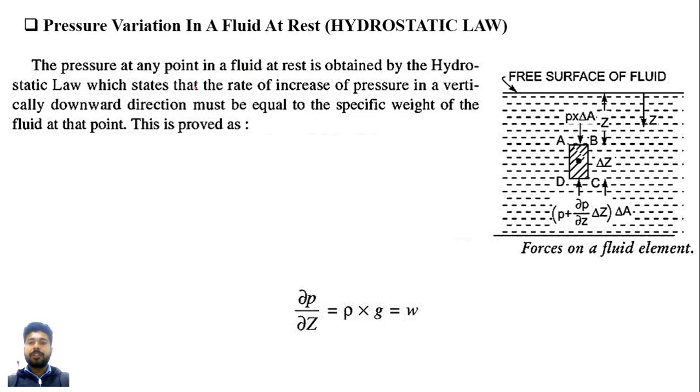Hydrostatic law states that the rate of increase of pressure in a vertically downward direction, means if I have one closed container full of liquid at a rest position, there is a pressure difference in a vertical direction, in a vertically downward or upward direction.